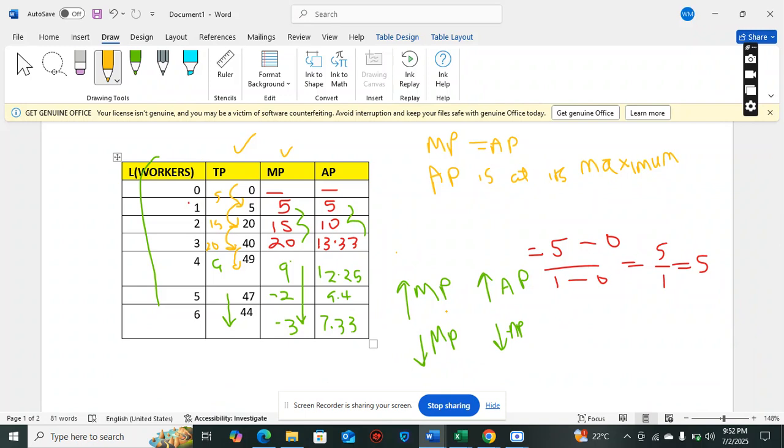Yes. So remember those, these might come in multiple choice. Okay. Remember the relationship between marginal product and total product, the relationship between marginal product and average product.